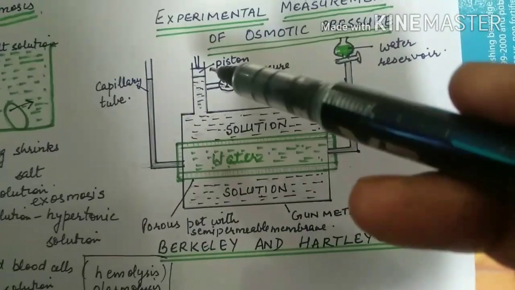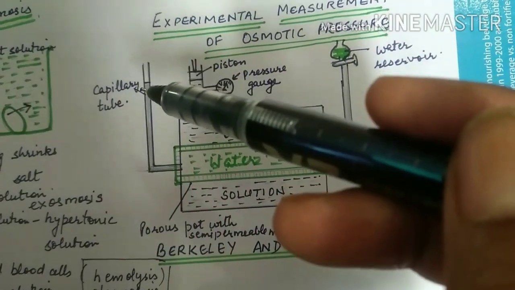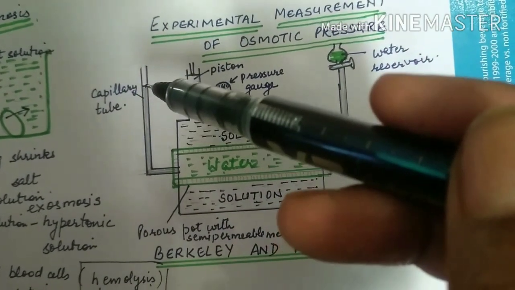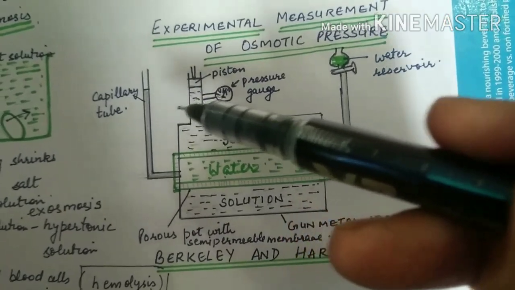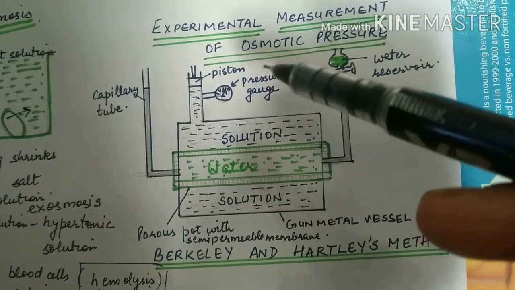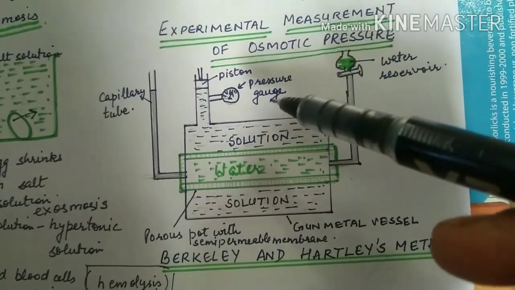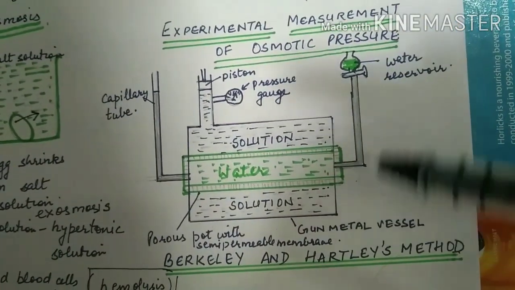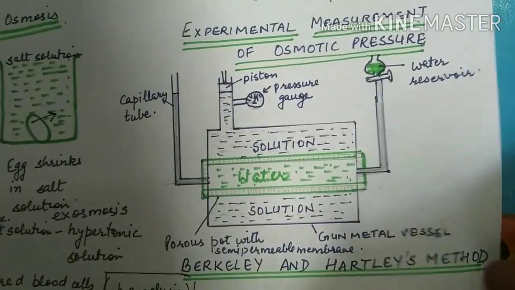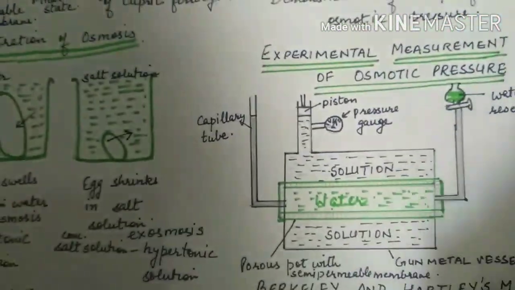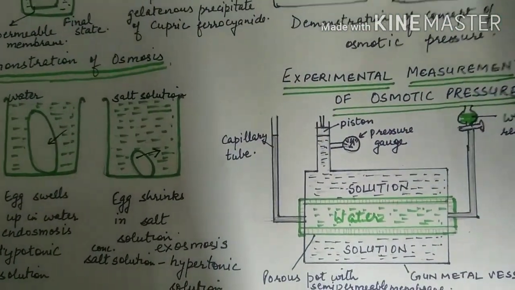So whatever extra pressure that we apply so as to prevent this fall in water level will be measured by this pressure gauge and will be the osmotic pressure. So this is how we will measure the osmotic pressure of the solution.